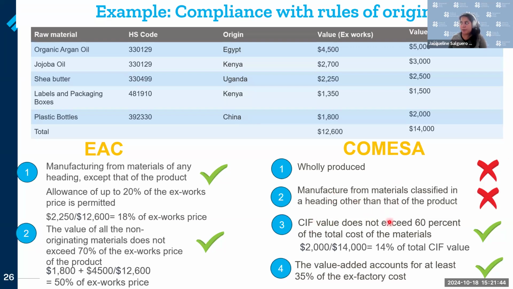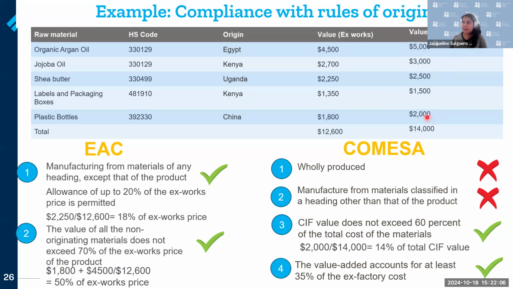The CIF value, you recall, was when you cross the border and you have paid the insurance and the freight for the transportation. And here the value is 14%. So it does not exceed 60% of the total cost of the materials. So the total cost of the materials, you will tell me why you have only included 2,000.